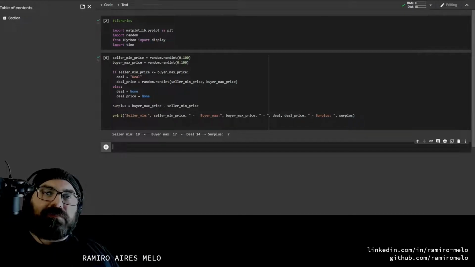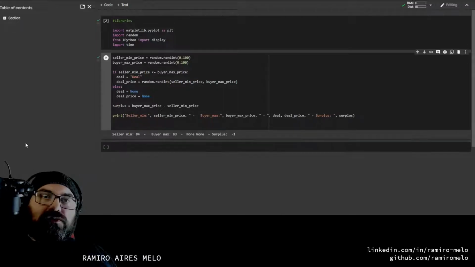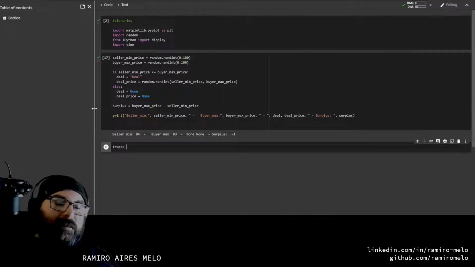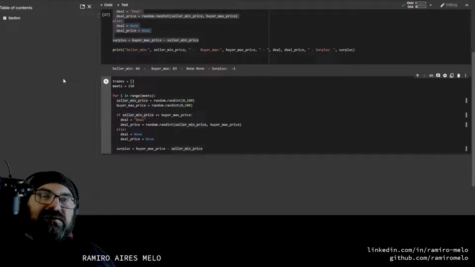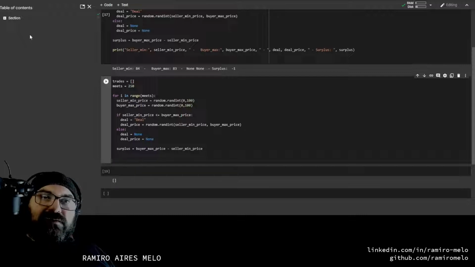Now let's loop this code to have a larger sample size. In this cell we're gonna loop the same code that we have in the previous cell, but this time we're gonna have a sample size of 250 interactions. I think it's a good size for this exercise. Let's store these results in a list, in a variable.